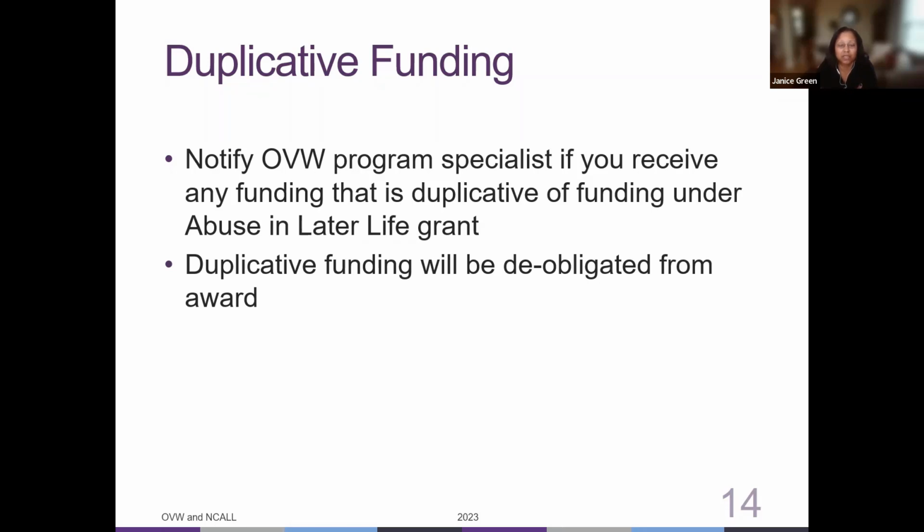If you find yourself in a position where you now have a second source of funding to do something that you're already being funded under this program to do, you need to let OVW through me know as soon as possible. If you're receiving funds from two different places to do the exact same thing, we would need to deobligate the funds from this award that were duplicating the effort, and then figure out how best to use those funds so that you don't find yourself doubly funded to do the exact same activities. Next.